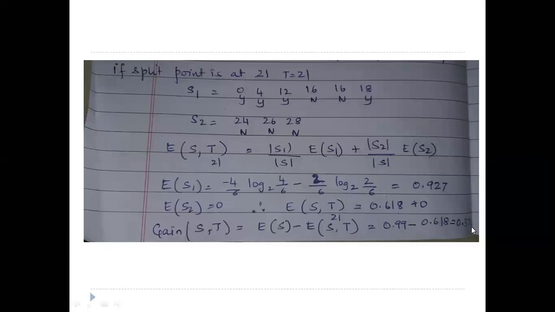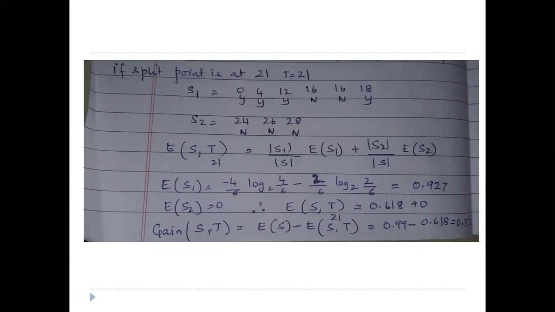Okay. Now, is the gain at 14 bigger or the gain at 21 bigger? Tell me, girls. Gain at 21 is 0.372. We'll have to see which gain is higher. So here the gain of the set S at the split point 21 is 0.372.